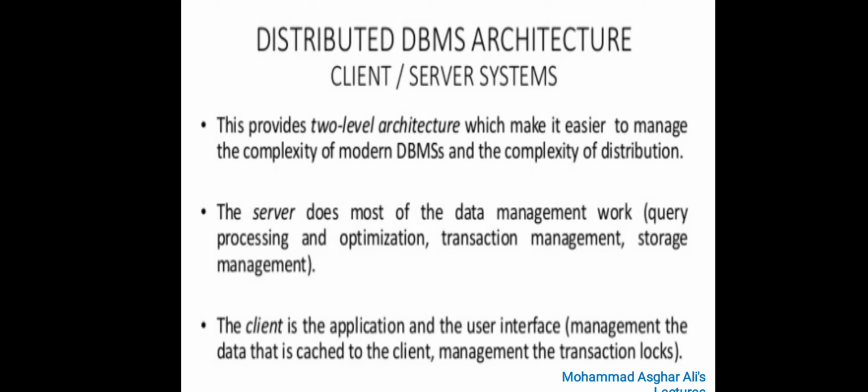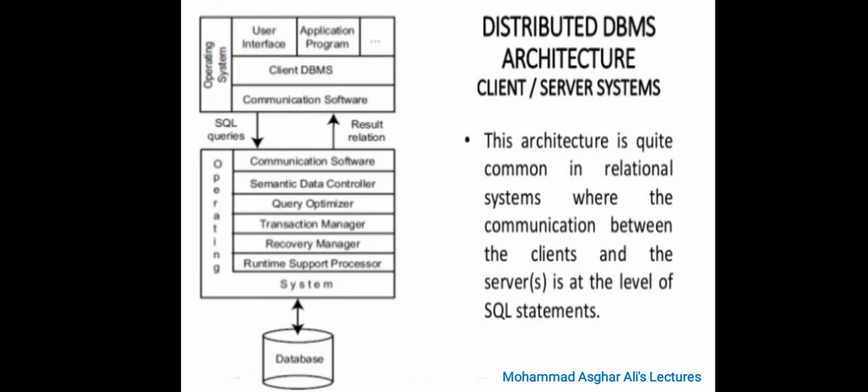In this case, there is an operating system and communication software that run on both the client and the server. But we only focus on the DBMS related functionality. This architecture, which is given in the following figure, is quite common in relational systems where the communication between the client and server is at the level of SQL statements.